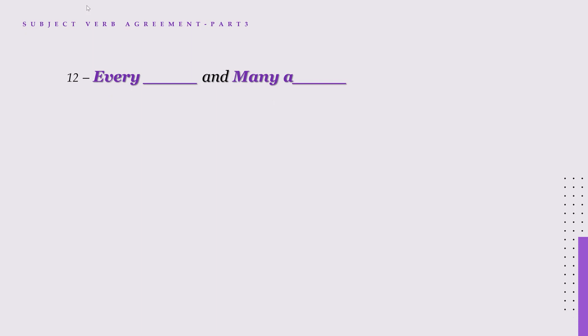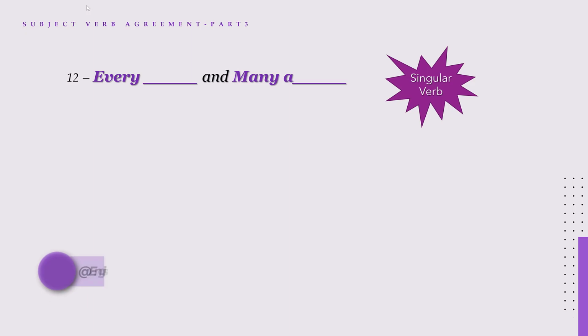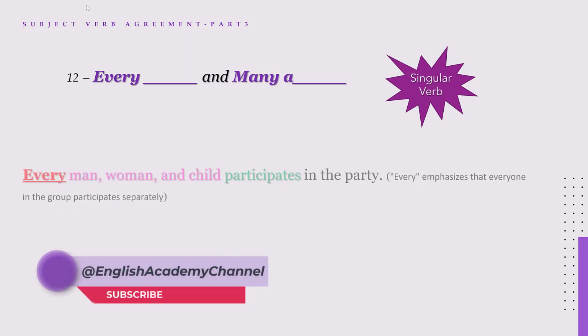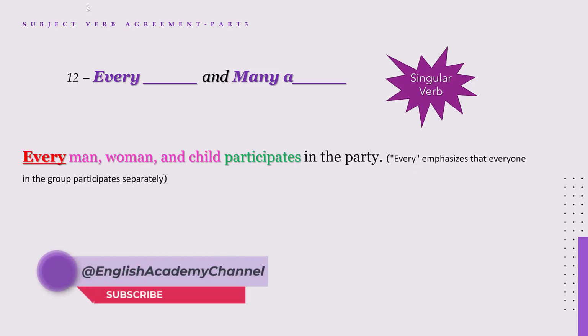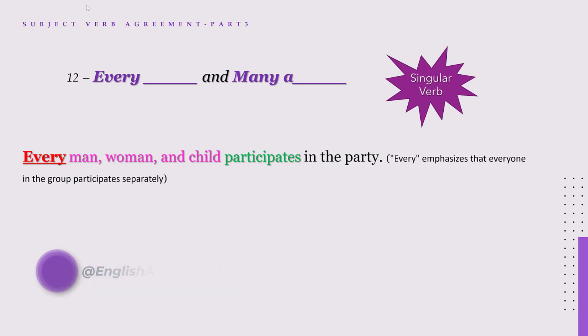Every and many. With this structure, we use a singular verb. Every man, woman, and child participates in the party. Every man, woman, and child is the subject of the sentence. It refers to every individual in a group.